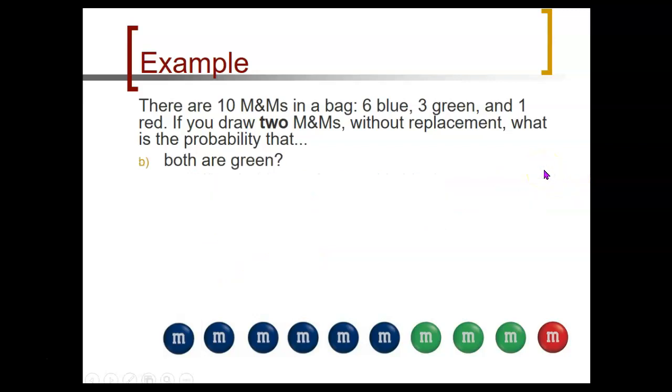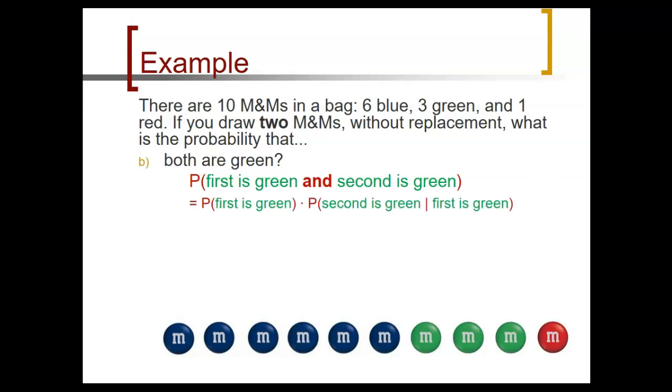What's the probability that both are green? Same kind of question. This is the probability that the first one is green and the second one is green. And so we will be taking the probability of the first one being green times the probability of the second one being green if the first one was green. The probability that the first one is green would be 3 over 10, 3 green ones out of 10 in all.